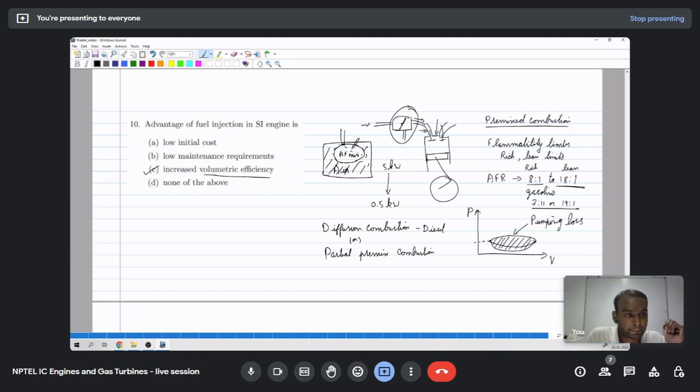Yes, sir, like we have ticked while filling the form that we want to share our mark sheet with our college as well. Okay. So after the examination and after getting the result, the mark sheet of IC engines will be given from that certificate, sir.